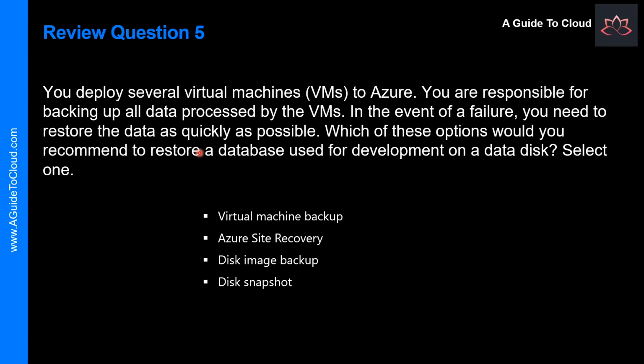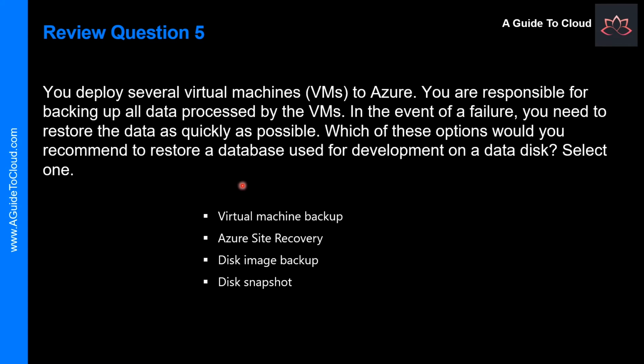Let's look at question number 5. You deploy several virtual machines to Azure. You are responsible for backing up all data processed by the VMs. In the event of a failure, you need to restore the data as quickly as possible. Which of these options would you recommend to restore a database used for development on the disk data?